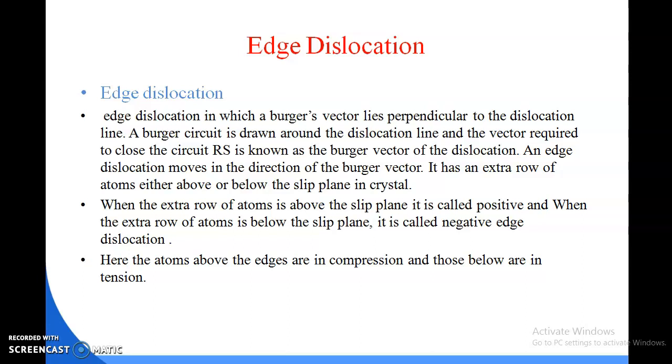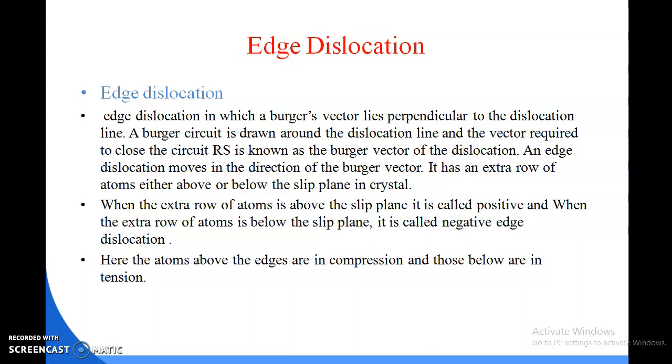First of all, we have to know what the Burgers vector is. The Burgers vector is defined as the magnitude and direction of the atomic displacement of the dislocation. An edge dislocation moves in the direction of the Burgers vector.